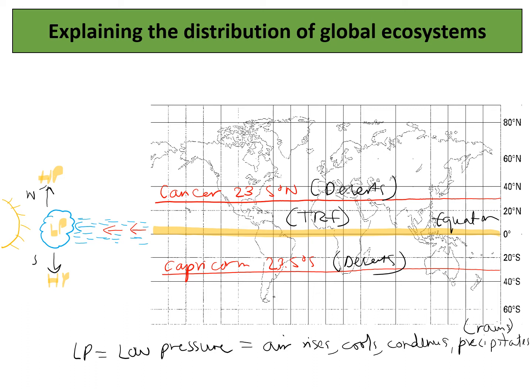So if low pressure rises, that means that high pressurized areas sink. Okay, so as no air is rising, no condensation can occur, so therefore there's no rainfall.